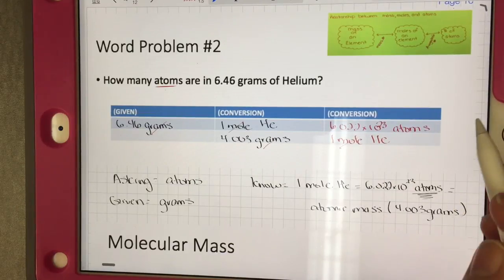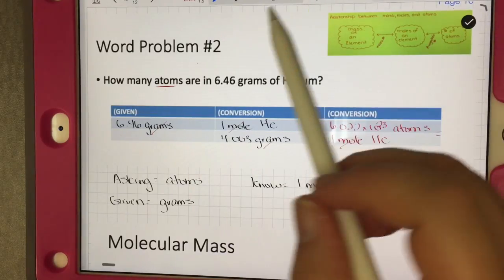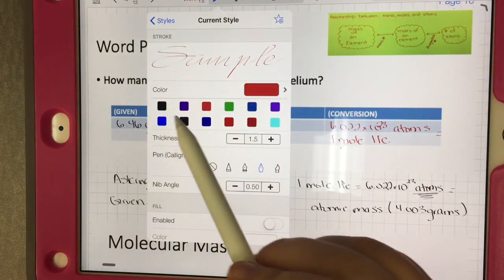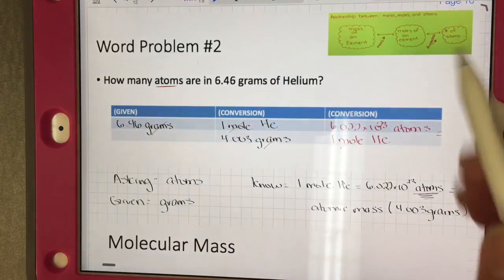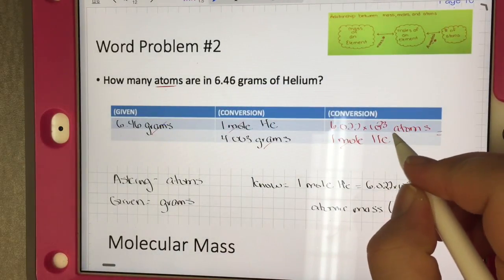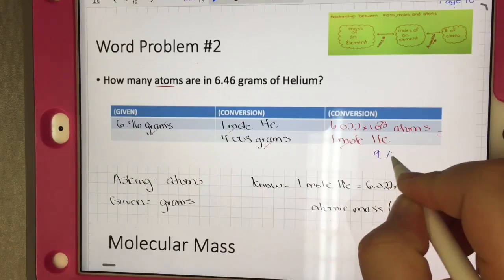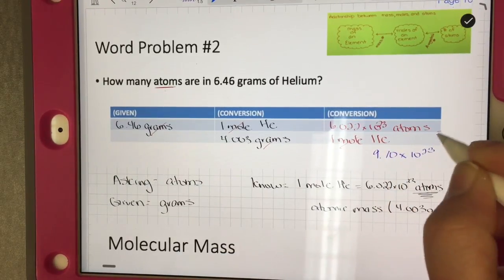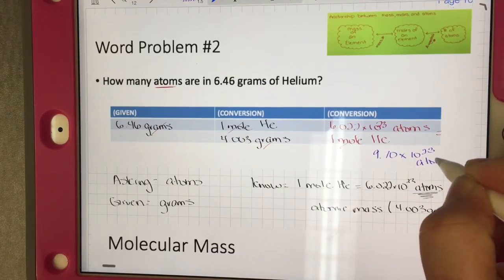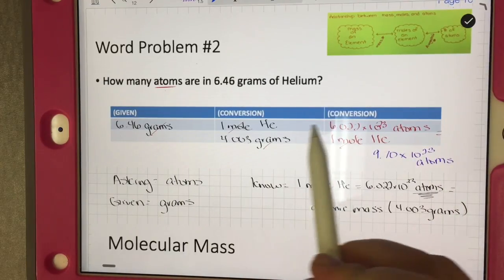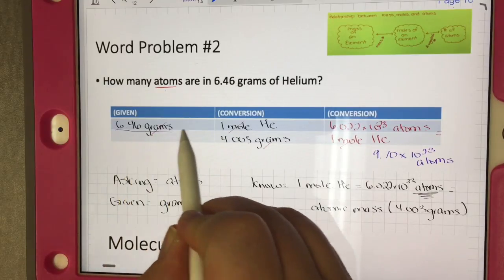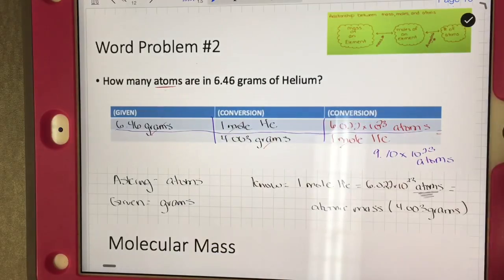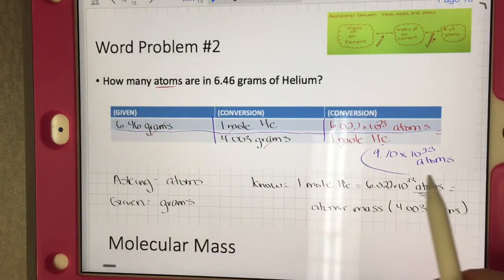And we're left with the number of atoms. So this final answer should be 9.70 times 10 to the 23rd atoms, because we're going to multiply across the top and divide by the bottom. And this is our final answer.